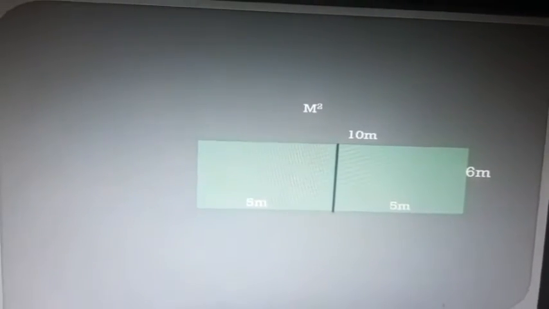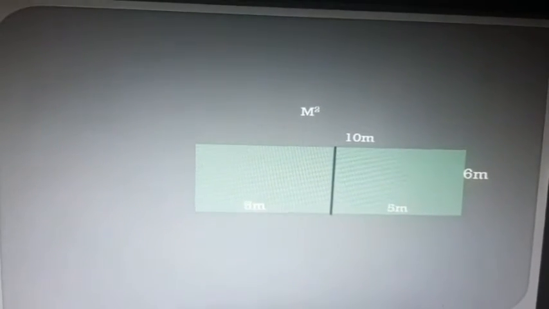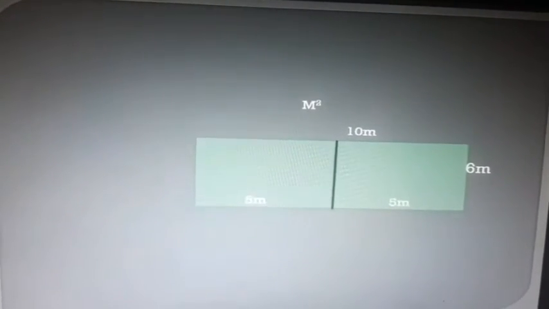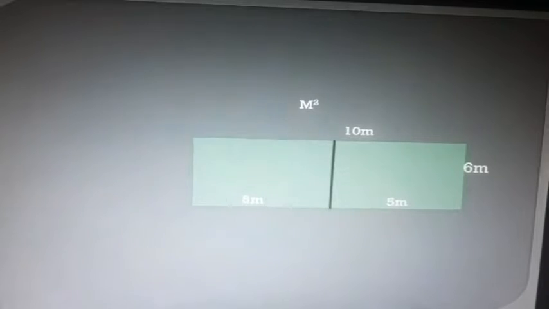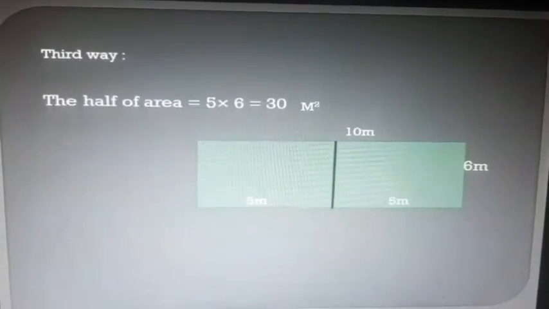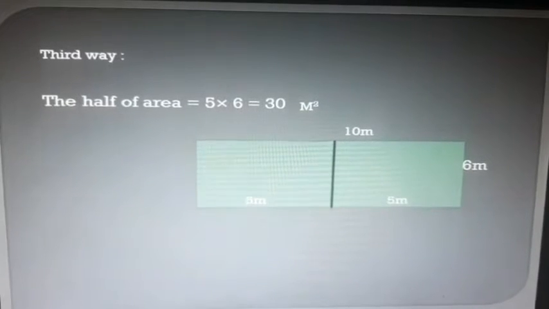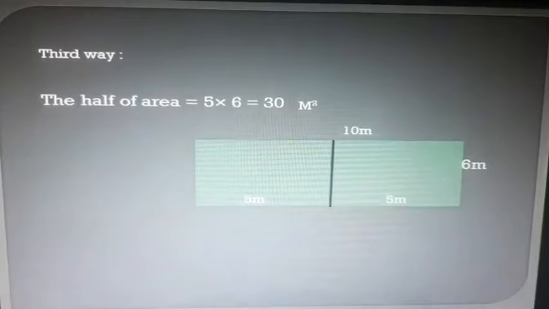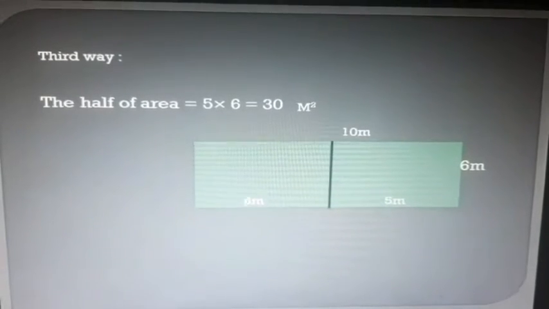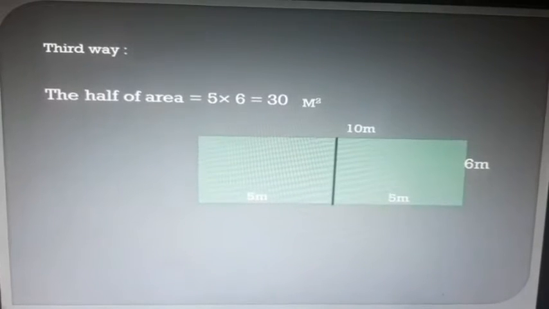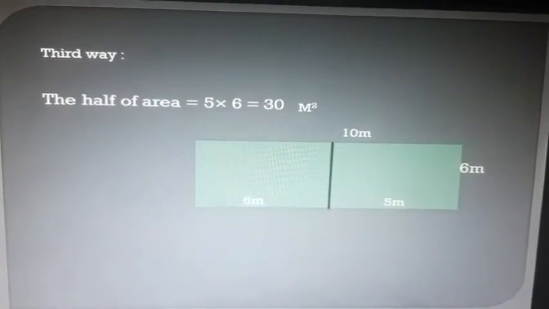Okay, now the small rectangle has 2 dimensions, 6 and 5, not 10, because I want the half of the rectangle. So the area of the half rectangle equals 5 times 6 equals 30 meters squared. These are the 3 ways to get the half of the area.